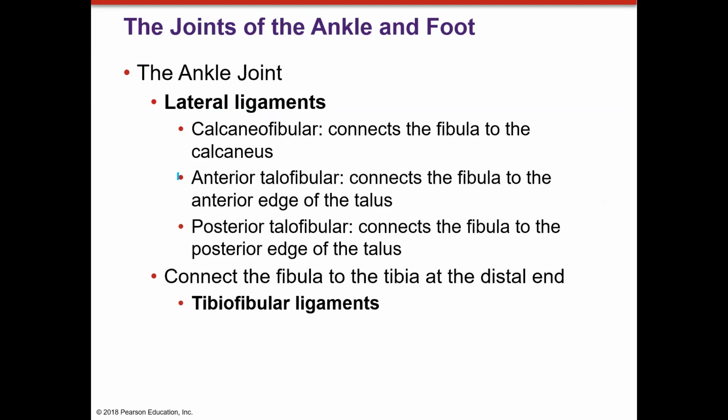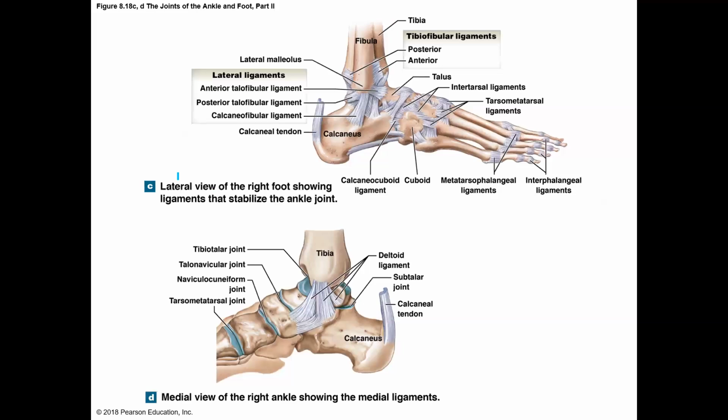Okay, so we see other ligaments here. And here they are. Look at all those ligaments through here. Right? So it looks like little spider webs, like Spider-Man came through and just threw his spider webs here in order to try and stabilize. Good.